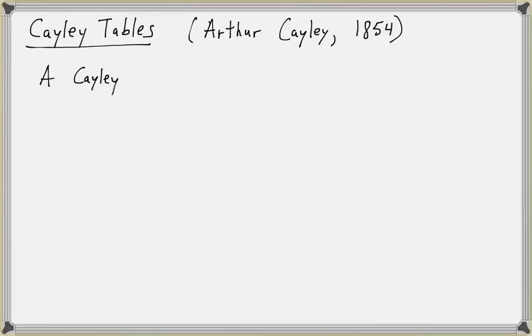Now let's discuss Cayley tables for a group. Cayley tables were named after Arthur Cayley, who first introduced these tables in 1854. So given a finite group, a Cayley table is a matrix that shows all the possible products of elements in the finite group.